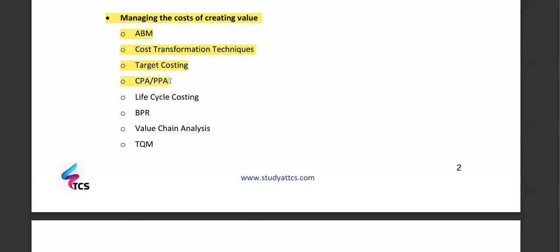Moving on, customer profitability analysis and product profitability analysis. So for a company which is engaged in providing a physical product, it would be the product profitability analysis. And for an organization which is into services, it would be customer profitability analysis. This is a practically tested topic, and more than theories, you could be presented with a reference material which discusses the profitability of different services or product lines.